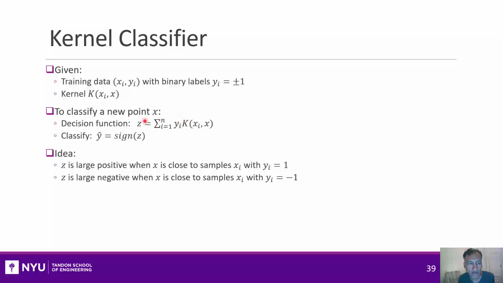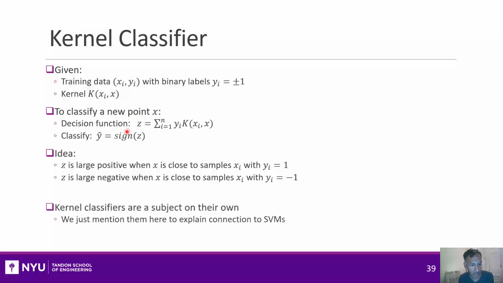And similarly, z will be negative whenever the test sample is close to training samples where yi is negative. So it basically takes the x, looks at training samples close to x, and based on the sign of those training samples, it makes the decision on this test sample.